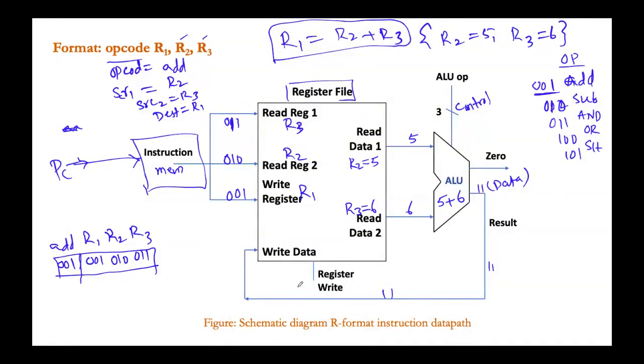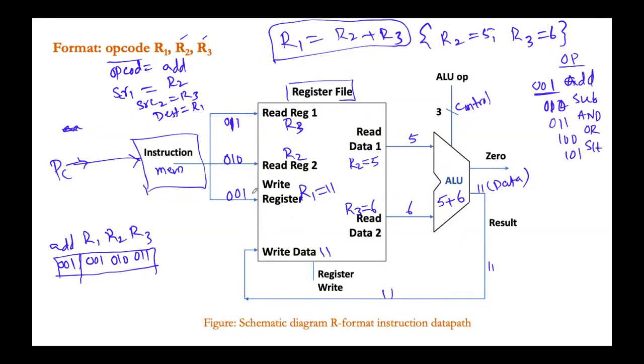When this write signal is enabled, the write data port will be enabled, and that writes the 11 into register R1.